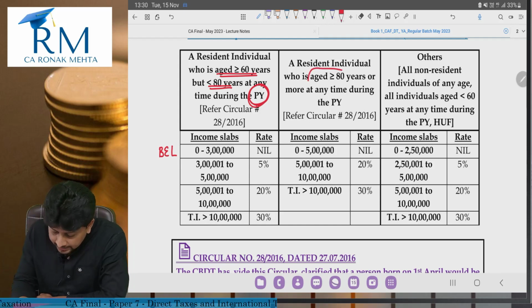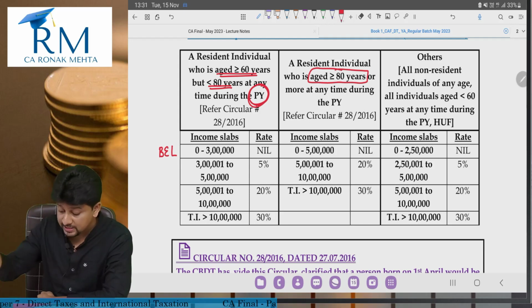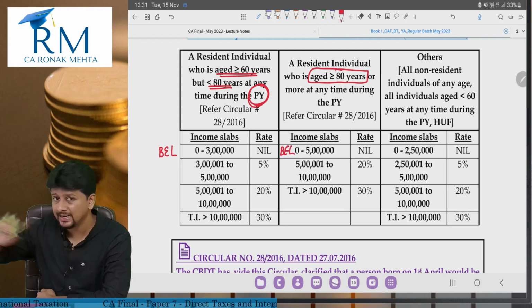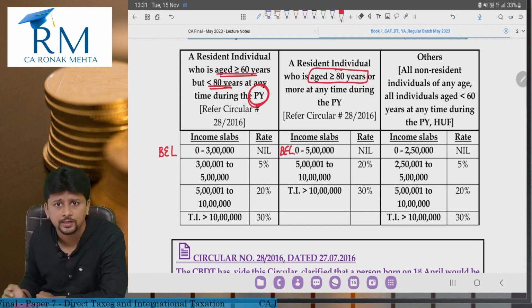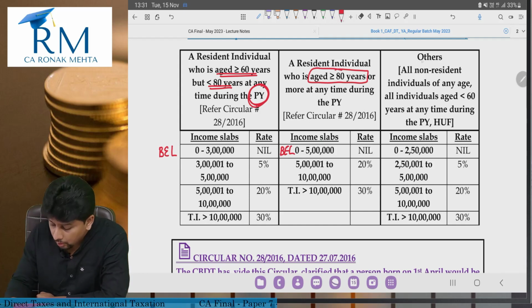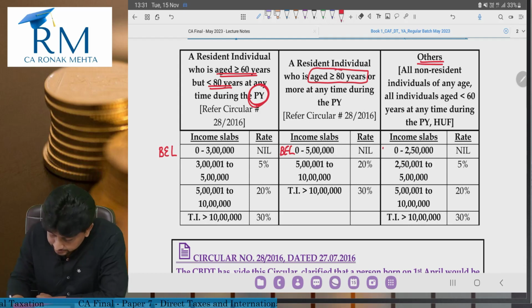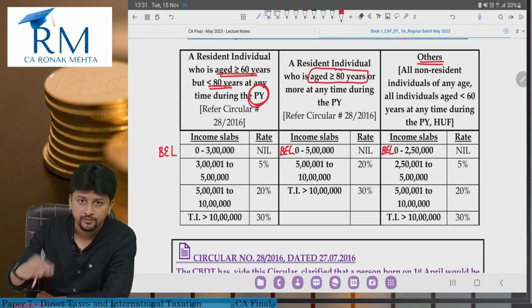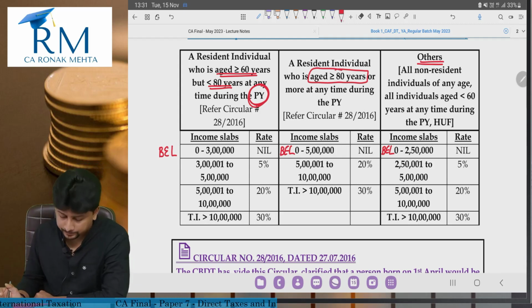If I am 80 years or more at any time during the previous year, my basic exemption limit is 5 lakhs. I am not paying any tax up to 5 lakhs. 5 to 10 lakhs 20%, above 10 lakhs 30%. And in all other cases where slab rate applies, the basic exemption limit is 2 lakh 50, then 2.5 to 5 lakh is 5%, 5 to 10 lakhs is 20%, and above 10 lakhs is 30%.